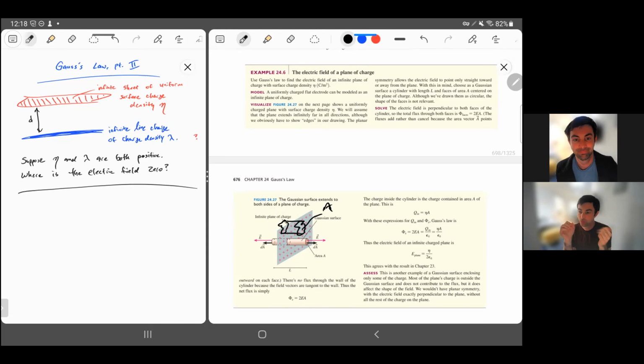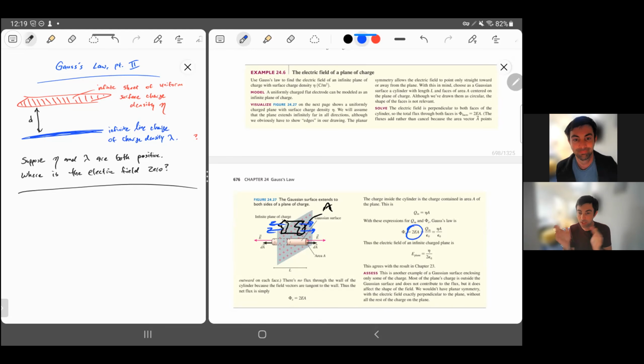And again, from symmetry, you know that the electric field has to point away from the plane of charge. So the flux that's going through your Gaussian surface, well, there's two contributions. There's one through this end cap, and there's one through this end cap. So there's two areas, 2A, the two end caps.